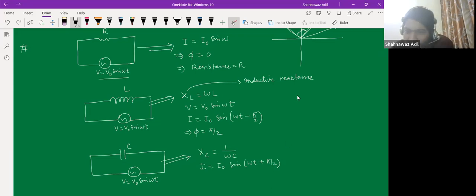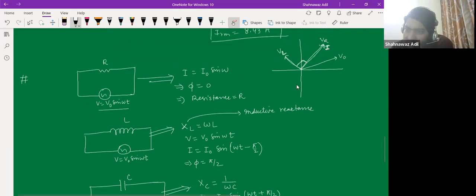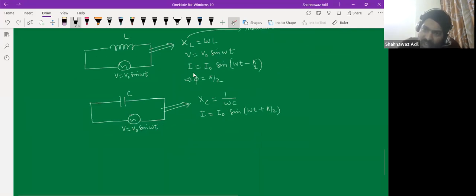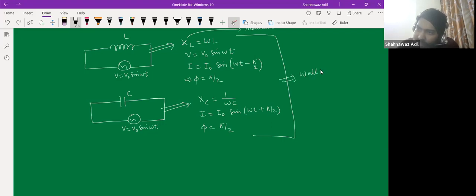So this current is leading by 90 degrees. This is what we have done. And similarly, the phase difference is again pi by 2. These two are called wattless current.